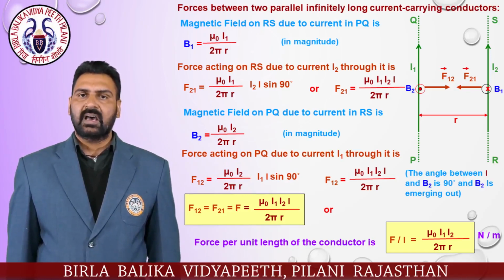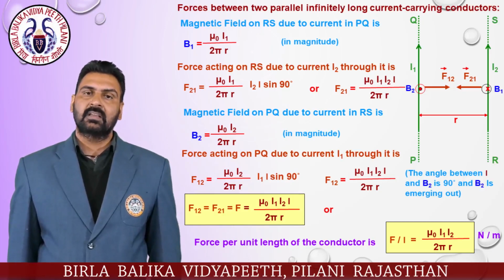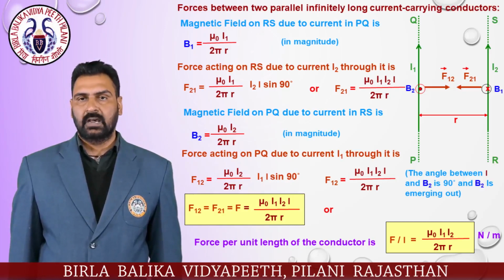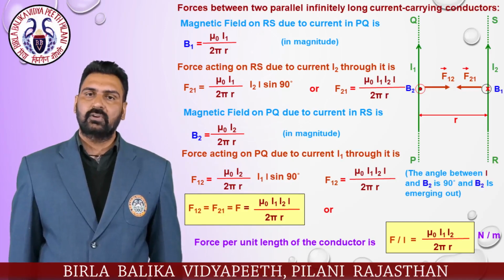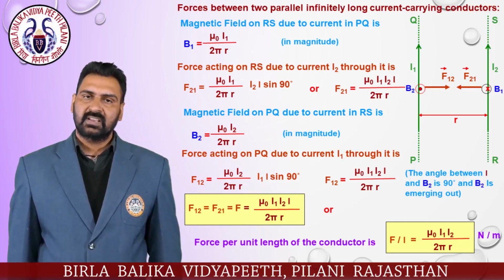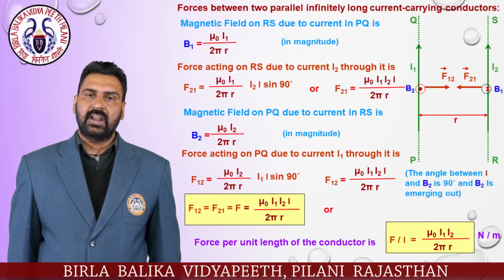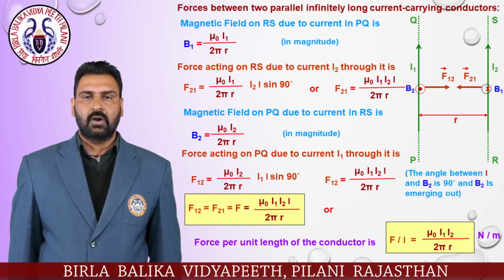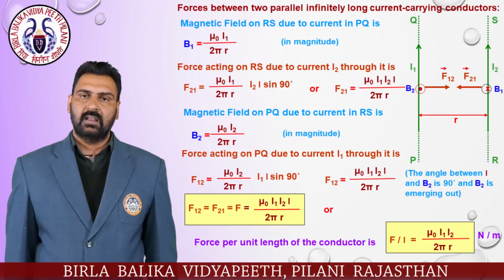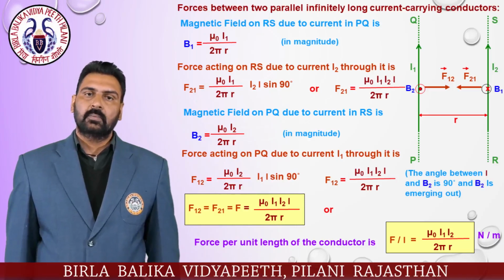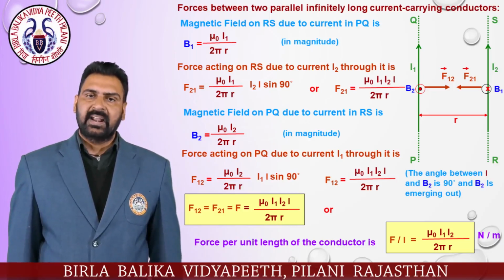The magnetic field on RS due to current in PQ can be written as B1 = mu naught I1 / 2 pi R. And the force acting on the RS wire due to current I2 through it, force on second due to first, is mu naught I1 / 2 pi R into I2 L sin theta, or force on second due to first is mu naught I1 I2 L / 2 pi R. B1 acts perpendicular and into the plane of the diagram by the right hand thumb rule.